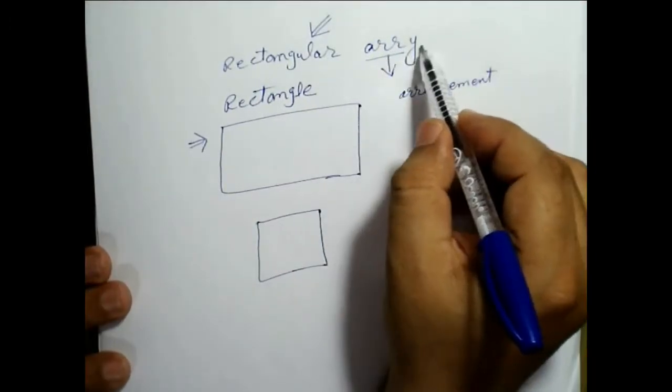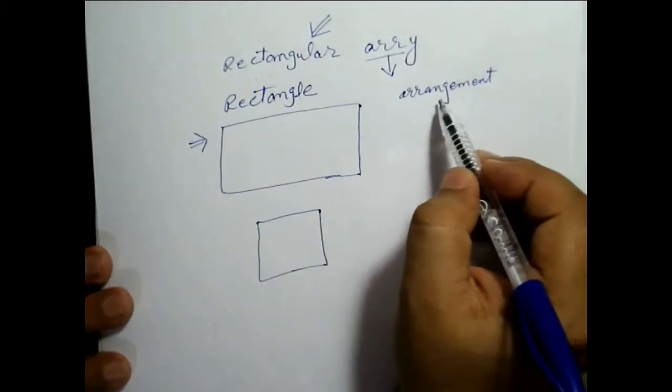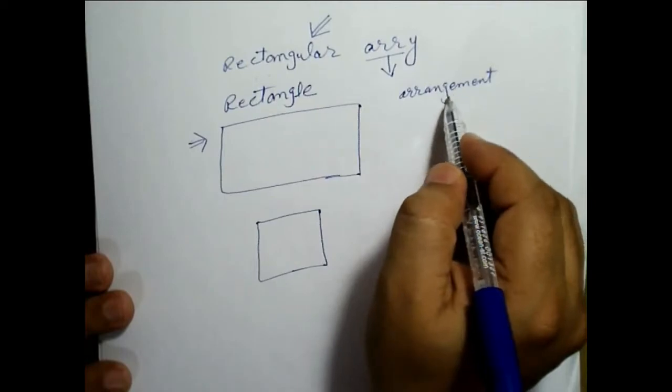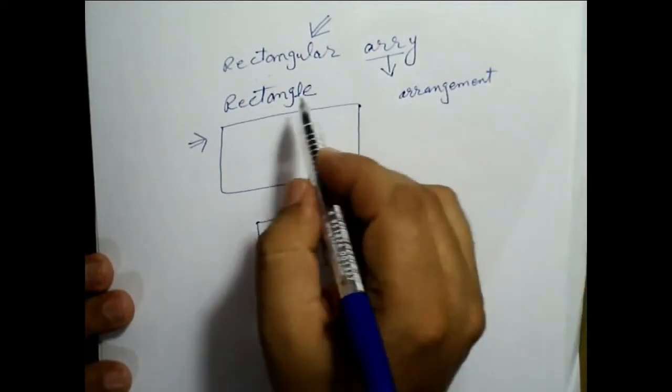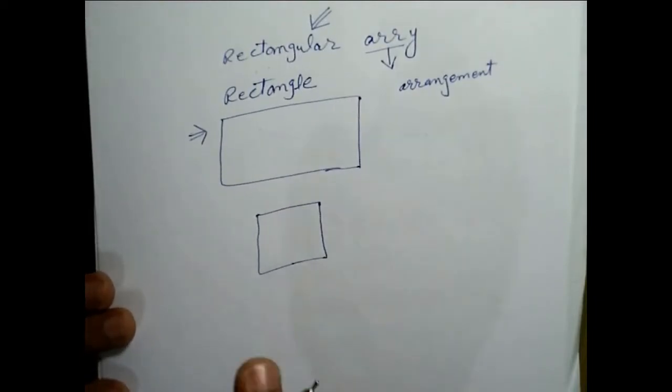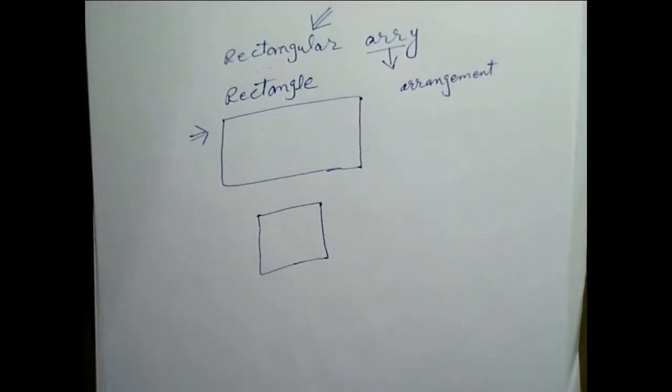Next word is array. Array is simply an arrangement, but an arrangement in a specific way, which is the rectangular way. Just because of this, you will find all the matrices in rectangular form.